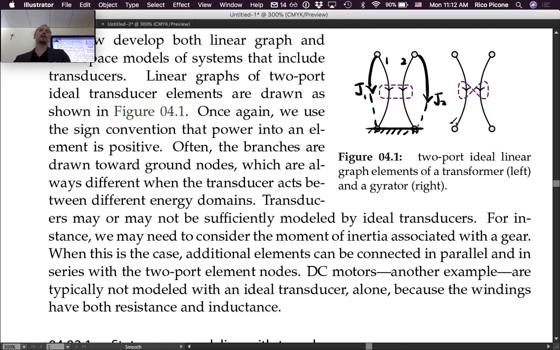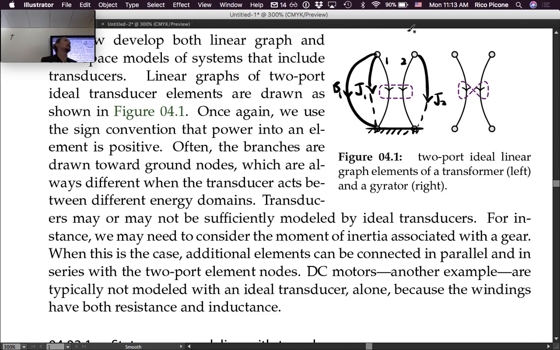A shared ground, because they're both angular velocity reference. So that's an example. Or maybe, in addition to that, one of them is connected to a bearing, and it has some bearing damping. So maybe we need to put in a B1, bearing damping as well.